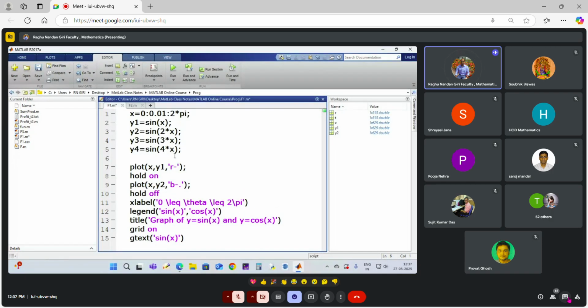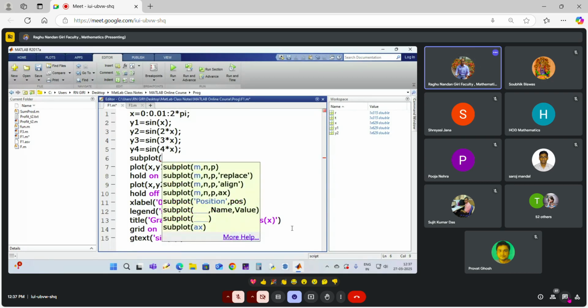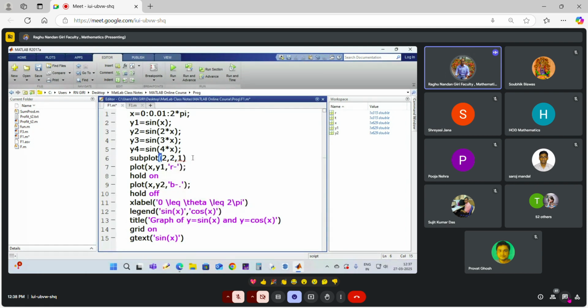So how to do this? First, subplot is a command. I want to divide the window into two rows and two columns. So I put two rows, two columns, and in the first position, the first cell, I mention y1 against x.